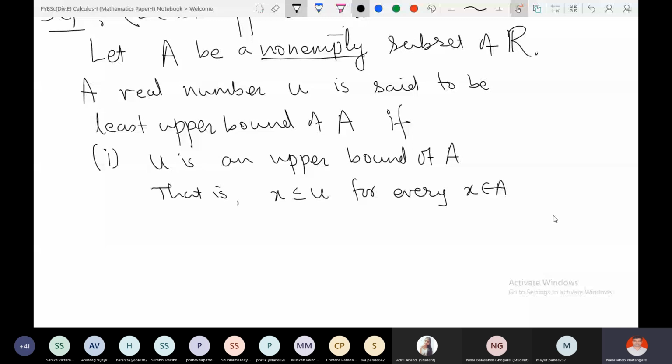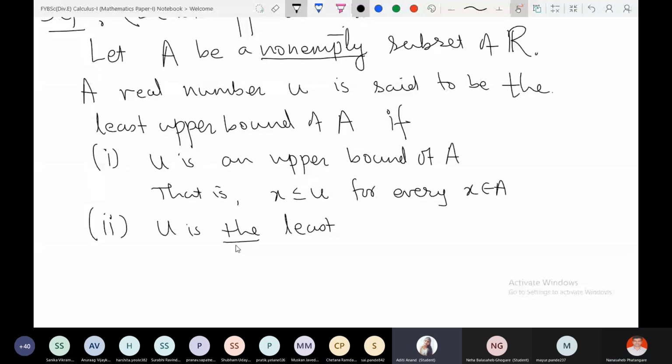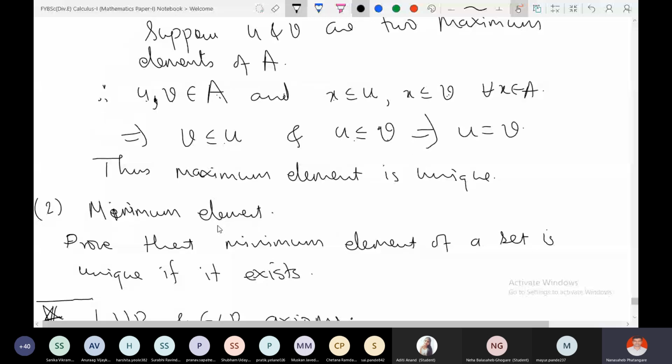Now the second condition: U is the least. Why am I using the word "the"? Because it's unique. In the previous discussion, the minimum element is unique, right?